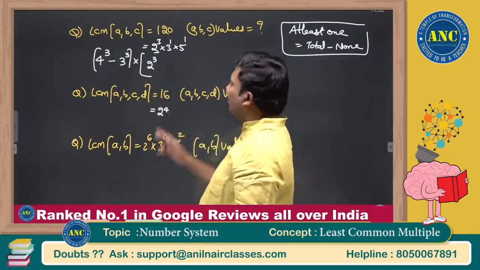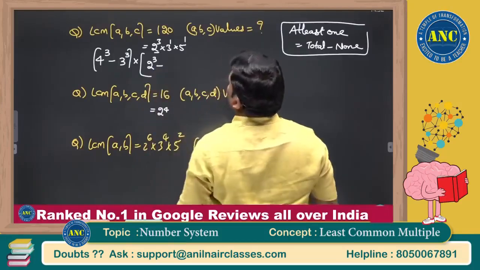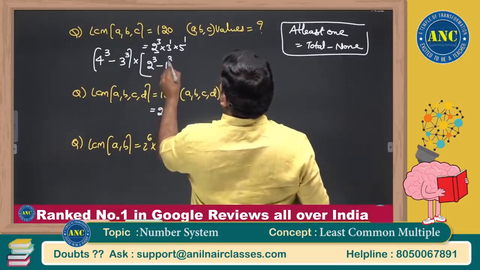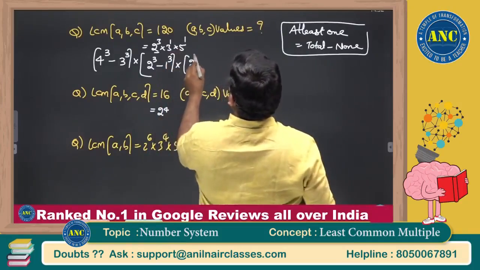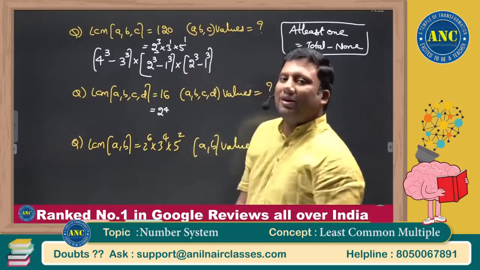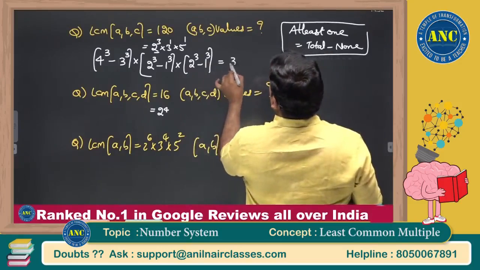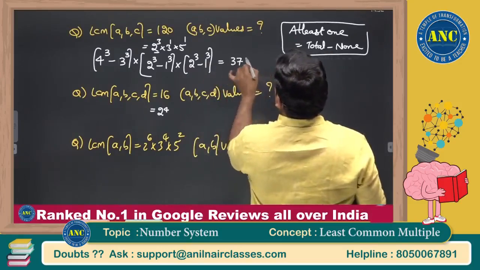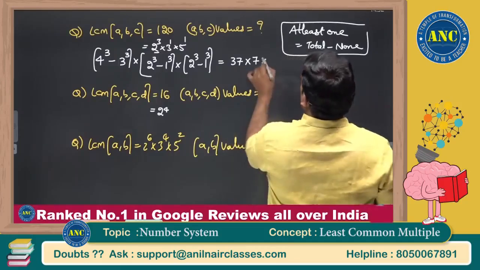I hope you are all there with me. None: don't take 3 power 1. So 3 power 0, 1 case. A can take, B can take, C can take. Powers are the same, so it will be duplicated. 2 cube minus 1 cube. Answer over. Simple step. 64 minus 27, which is 37. 8 cube minus 1, 8 minus 1 is 7, 7 into 7.